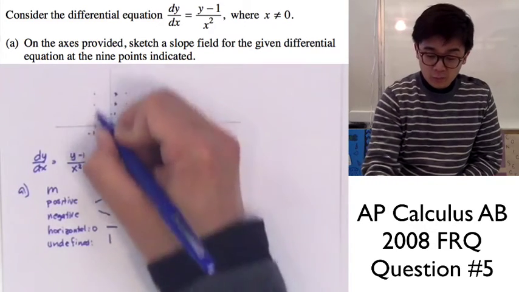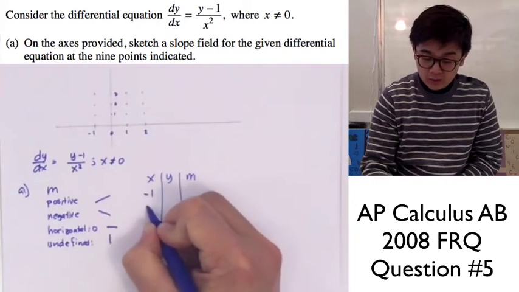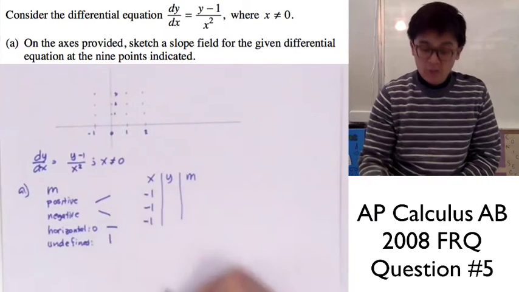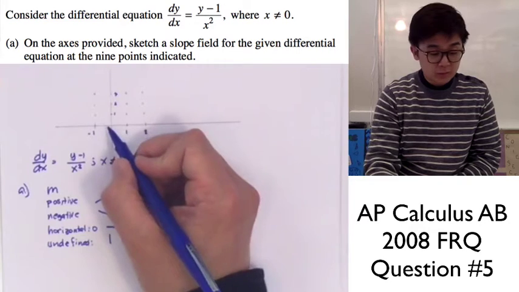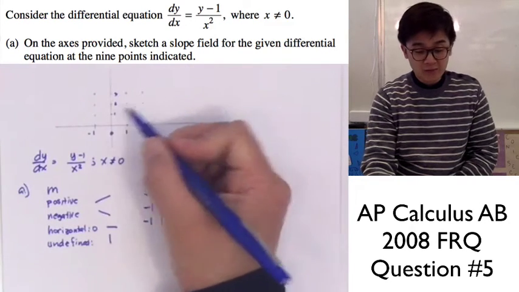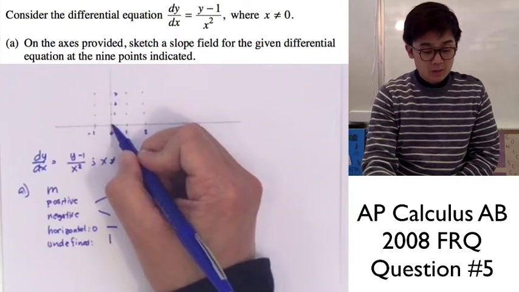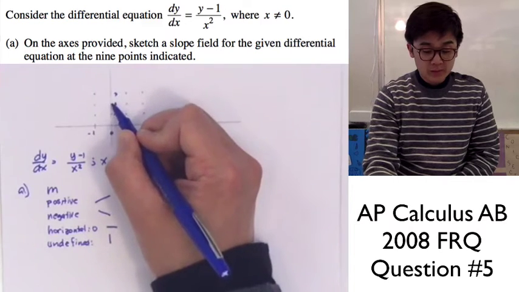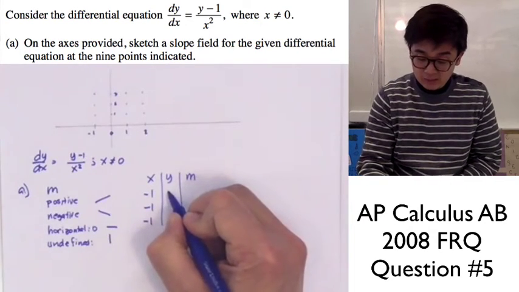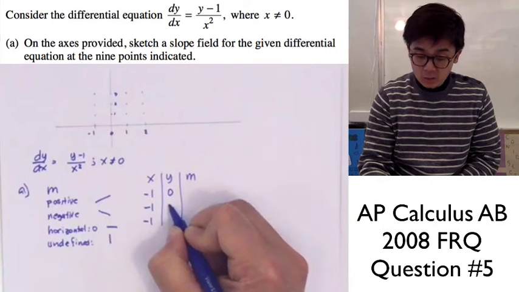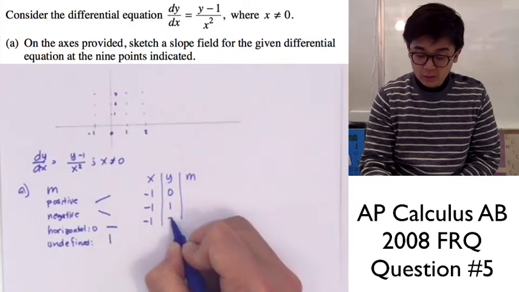In column 1 we have -1, so it's not going to change, it's going to be -1 for all of them. We're just graphing values from 0 up until 2, so we don't need the 3 anymore. So this is going to be at y equals 0, y equals 1, and y equals 2.